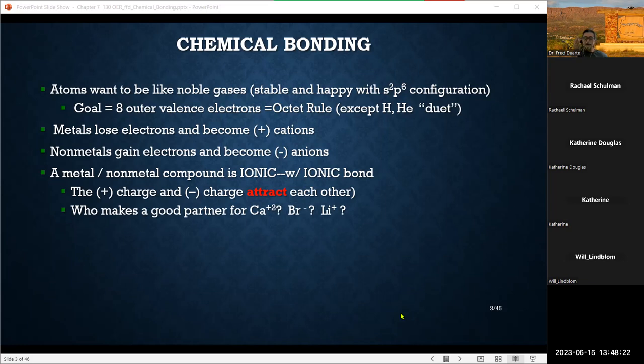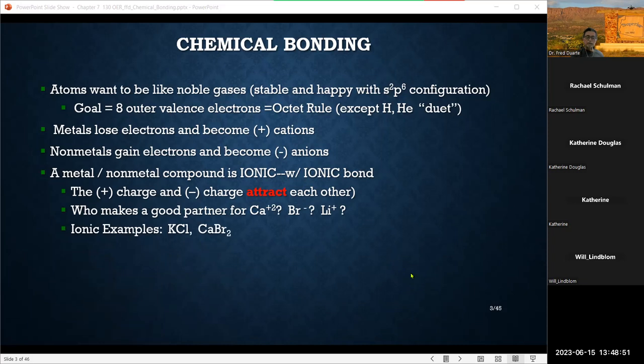But a positive and a negative attract each other. So you're always going to have, for ionic compounds, a metal, which is always going to lose electrons, resulting in a positive charge, and a nonmetal, which is gaining electrons, which has a negative charge, and hence they come together, okay? So in this case, a good partner for calcium ion would be the bromide, not the lithium.